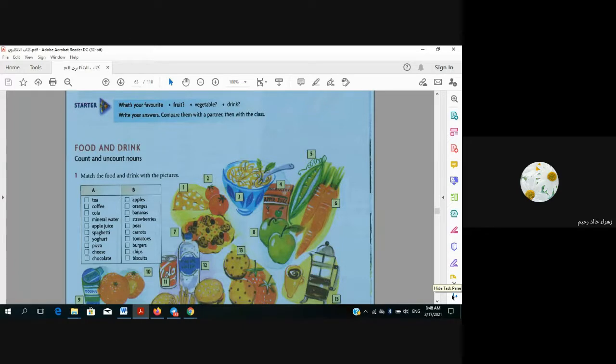And we have nouns which are both. يعني عندنا أسماء معدودة such as a book. We can say 2 books, 3 books. Such as an egg. We can say that we have 5 eggs, 7 eggs.